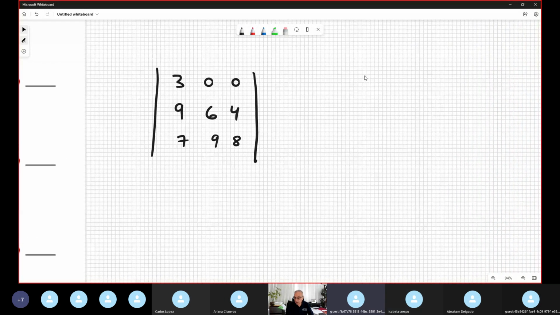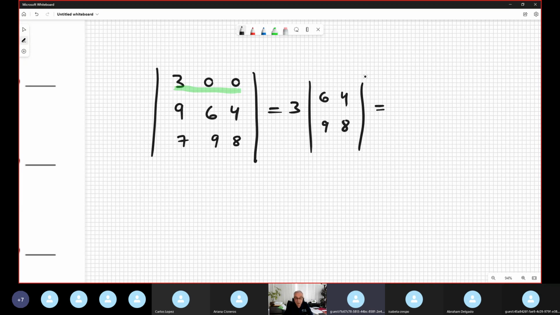Yes. So the thing I try to explain is that I take advantage of the zero that we have here. When you navigate along that row, it's 3 times something. And the determinant is formed by 6, 4, 9, and 8. And that's it, because the rest is plus 0 times another, plus 0 times another. So it's 3. And you multiply, remember, this guy times this guy with no change of sign.